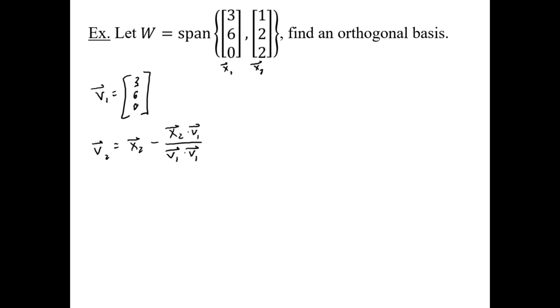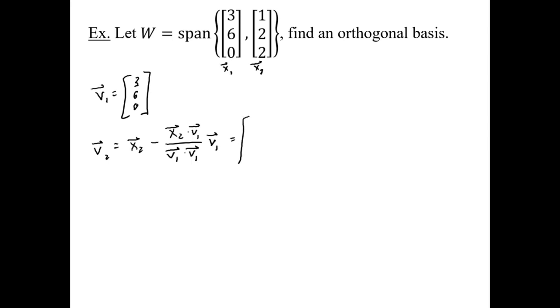Okay, so I'm going to call these x1 and x2. So again, I'm going to let v1 just be x1. So that's just 3, 6, 0. v2 is equal to x2 minus x2.v1 over v1.v1 times v1.